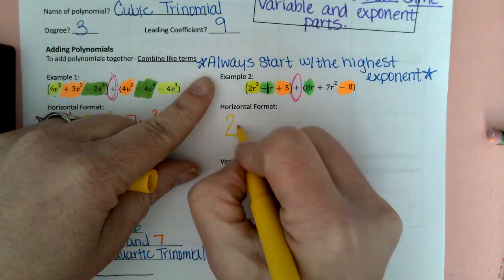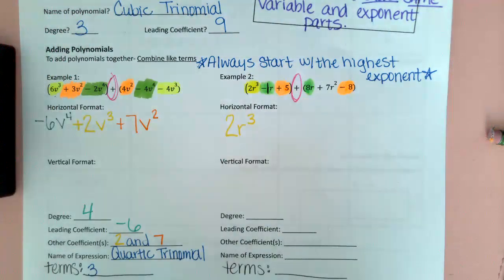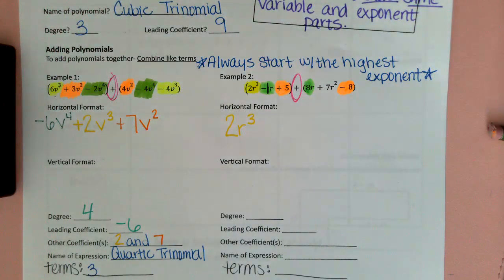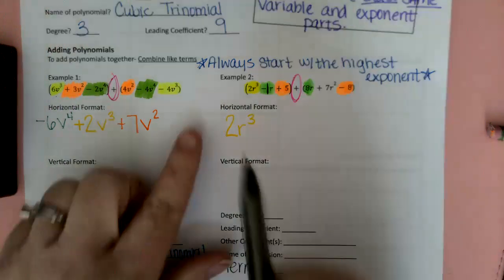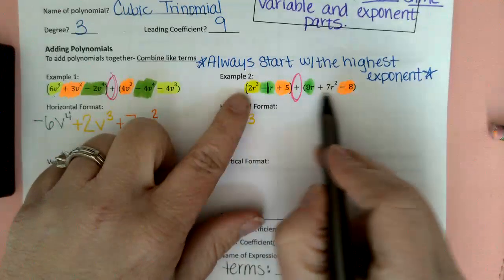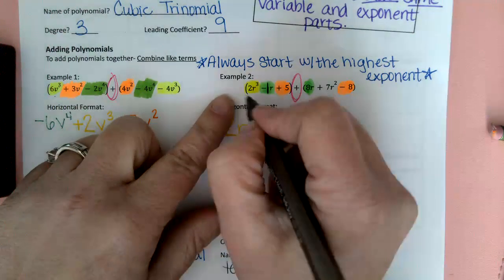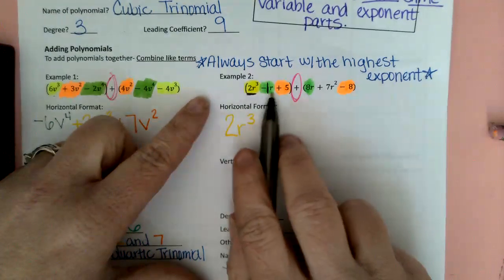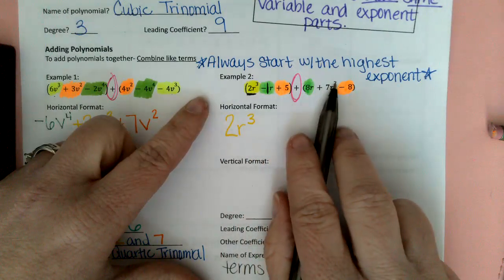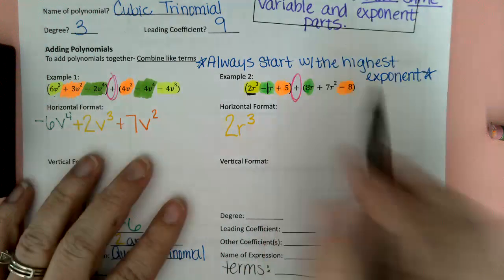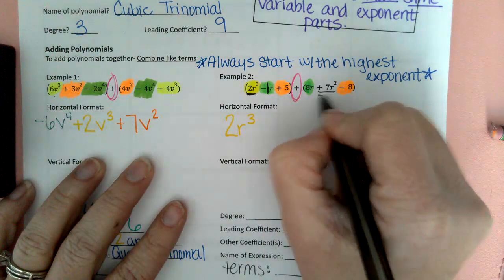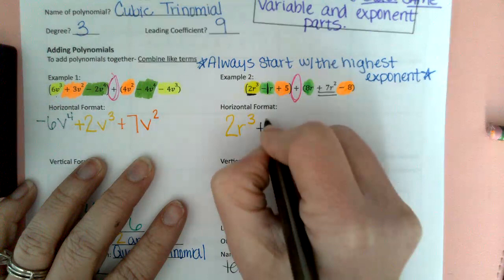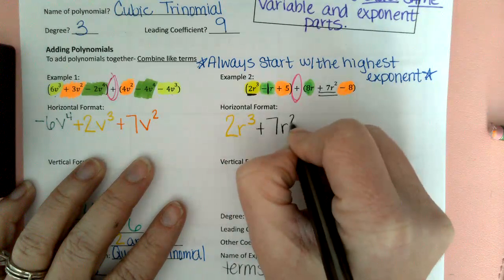That's what I'm going to write, 2r cubed. What is the next highest exponent as I look down my list? Next highest exponent is a 2. So I'm going to write that one down, and it was a positive 7r squared.